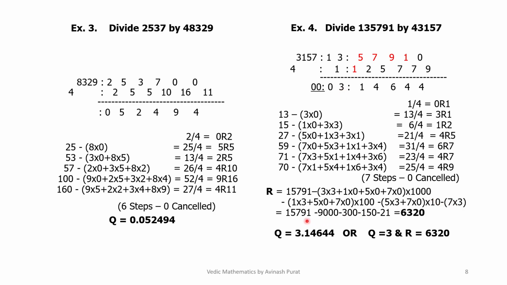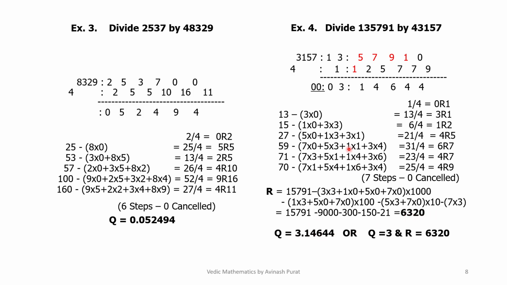So 15,791 minus 9,000 plus 300 minus 300 minus 15 into 10, 150, minus 21. So that gives us the remainder 6320.